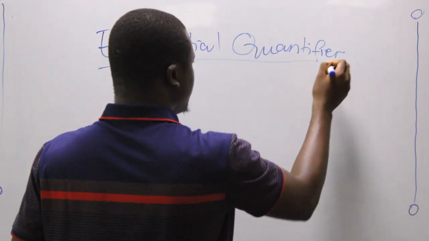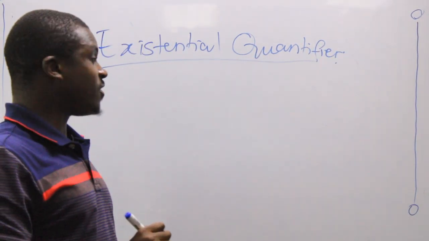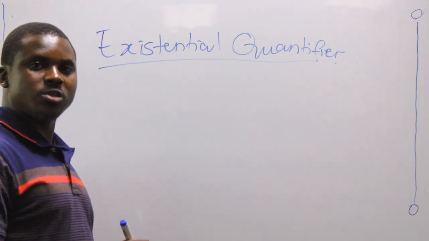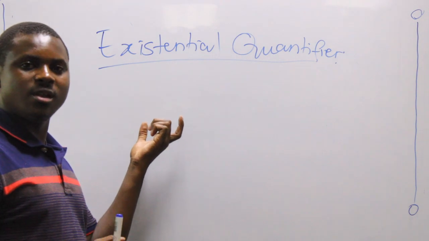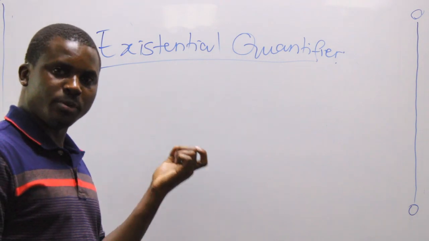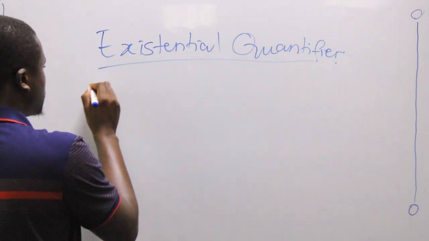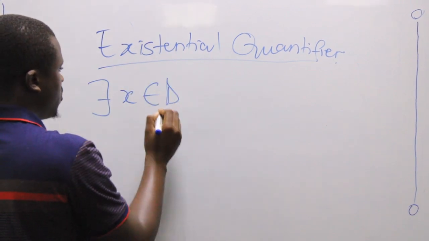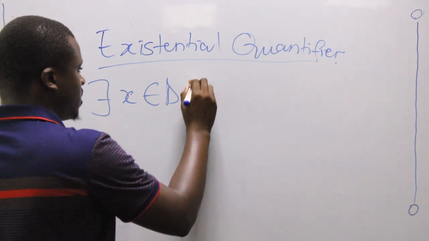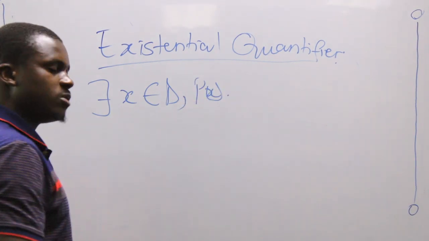For the existential quantifier, here we'll be talking about some elements in our domain for P of x to be true. So this one will be "there exists x, an element of D, such that P of x is true."